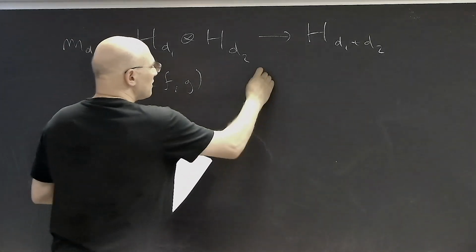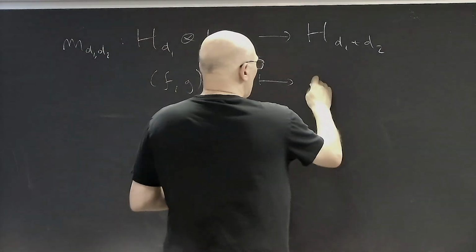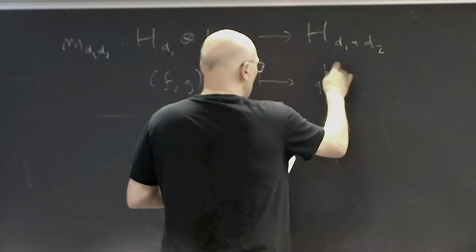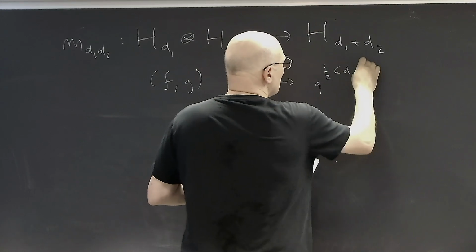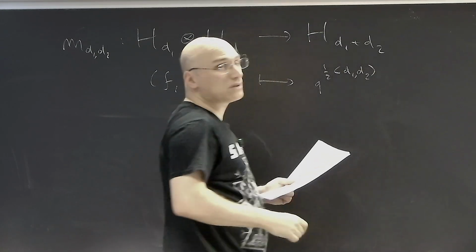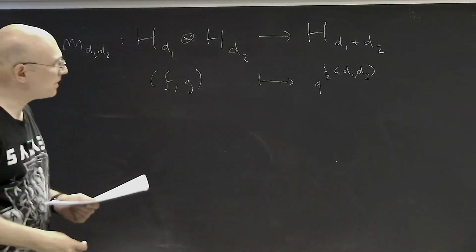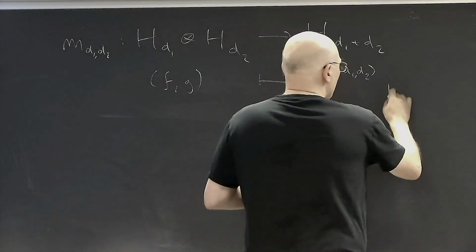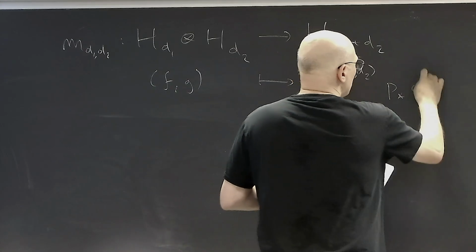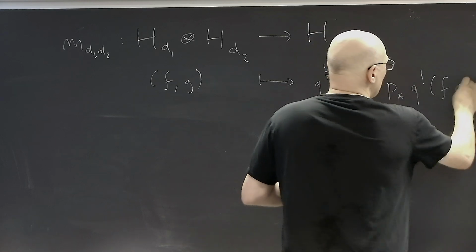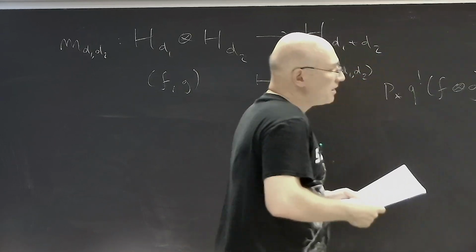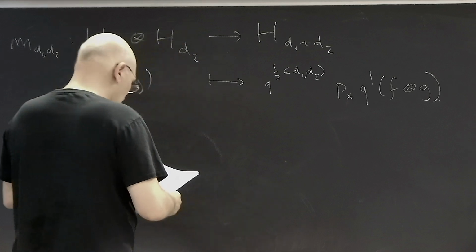To a pair of functions, I associate, okay, there is a certain twist, which is important to have good behavior of the relations and so on. But other than that, it's just push forward, pull back of F tensor G, which means just the following.